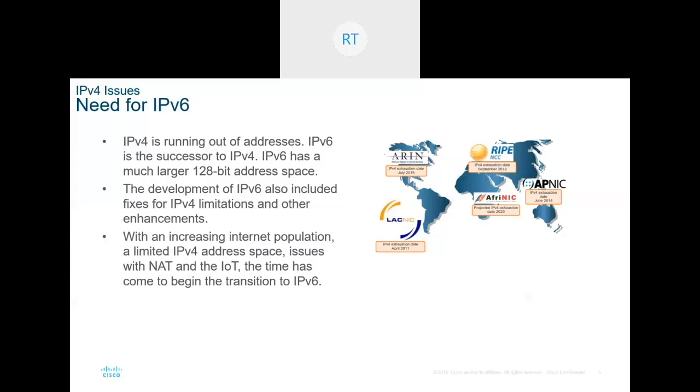Okay, so the issues of IP, these are the regions I'm talking about. You can actually see here the depths of exhaustion. The North America region addresses got exhausted in 2015, which means all the blocks of addresses that they were assigned have run out. This is South America, as early as 2011.